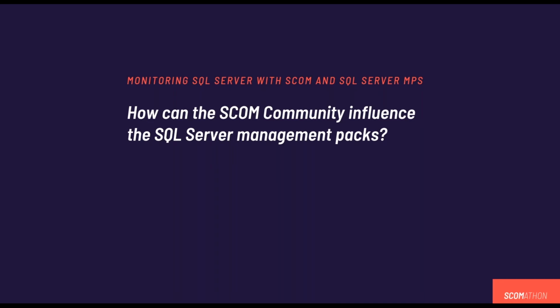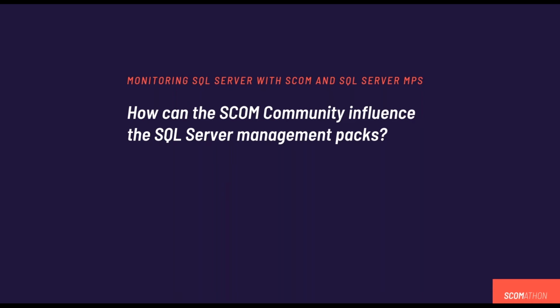For the first one, for the recommendations, we recommend people to use System Center Ops Manager user voice. That is pretty effective if you want to go through the SCOM PM team, then it goes to the SQL PM team, and then it gets to the engineering team.